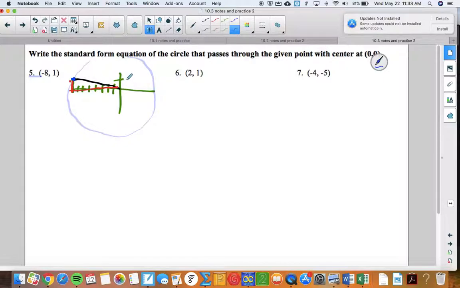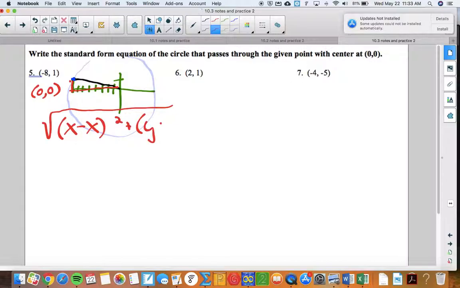Well, we could use the distance formula, which is also the Pythagorean theorem. So we're comparing the distance from -8, 1 to 0, 0. If I use the distance formula, again, it's this whole x minus x squared plus y minus y squared, all being square rooted. That's where our distance is, or our length is. In this case, the distance is the length of the radius.